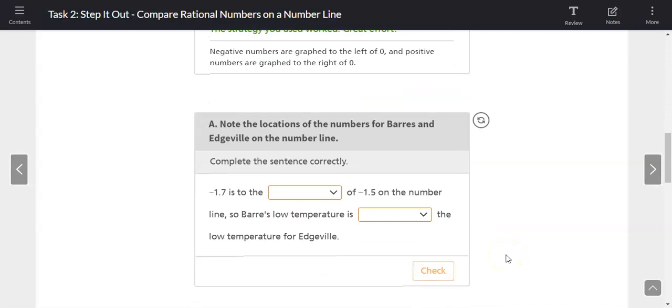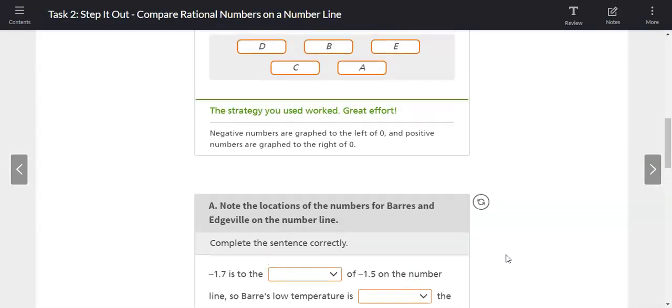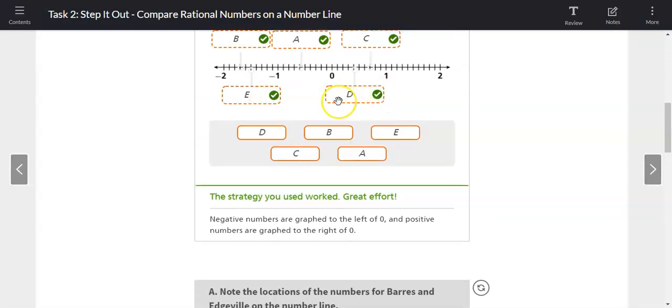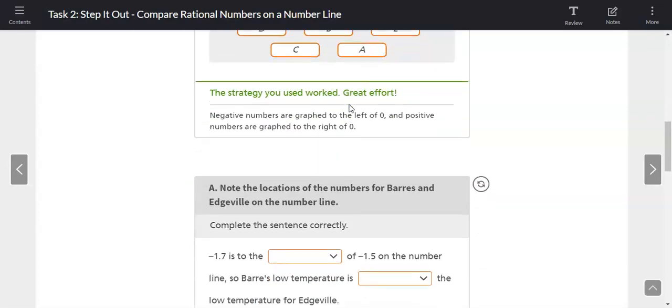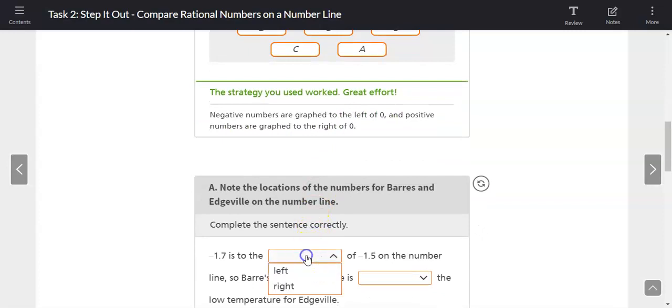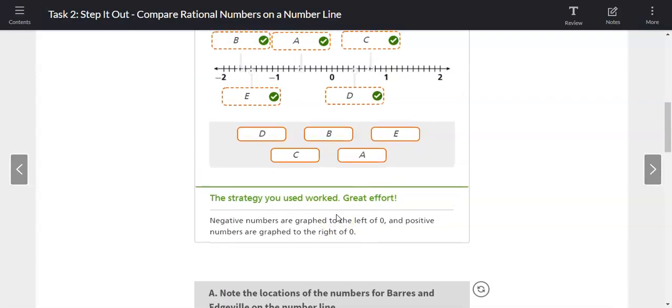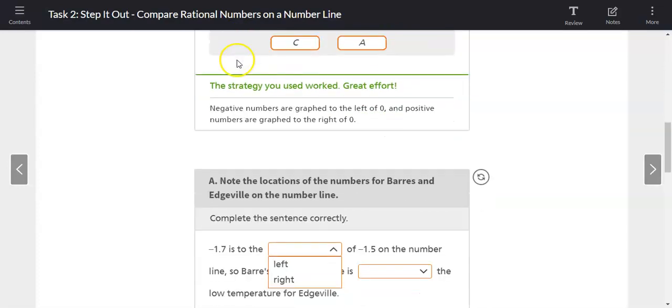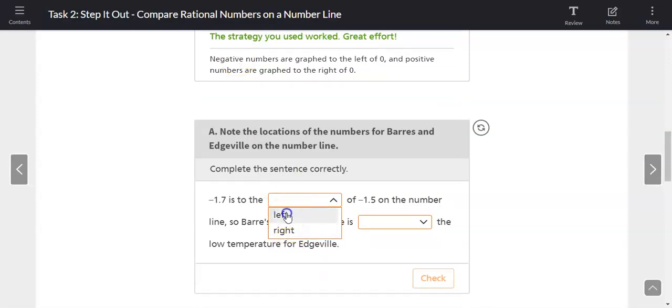Note the location of the numbers for Bars and Edgeville on the number line. So we have Bars right here and Edgeville. Bars is right here, Edgeville is here. Negative 1.7 is right here, so it's to the left of negative 1.5 on the number line.